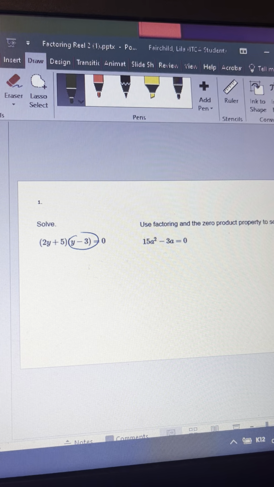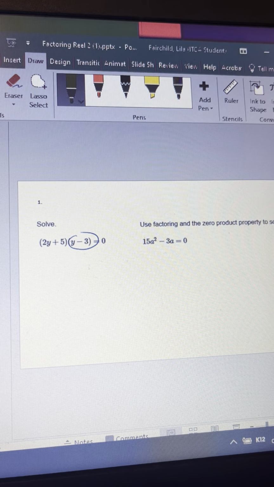And then for this one, it's 2y plus 5 equals 0, so subtract 5, and then that gets you 2y equals -5.